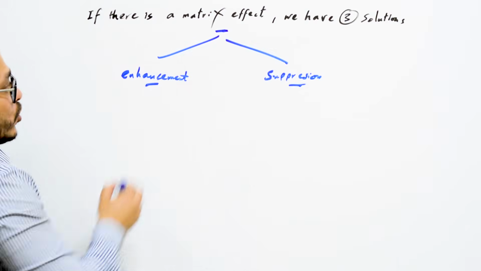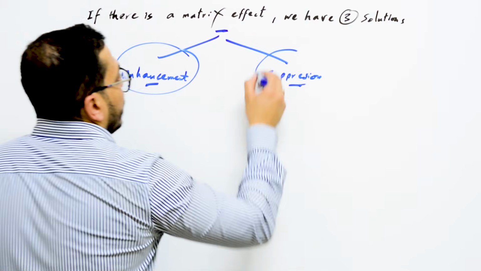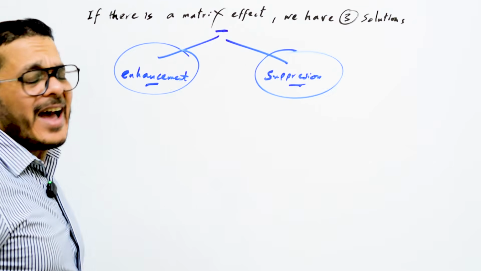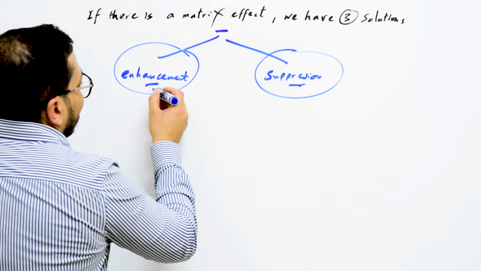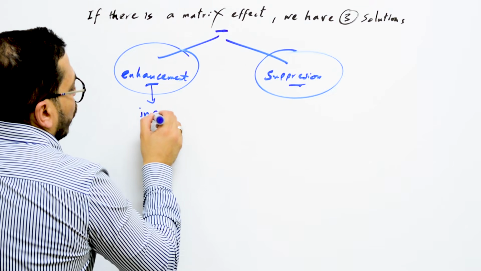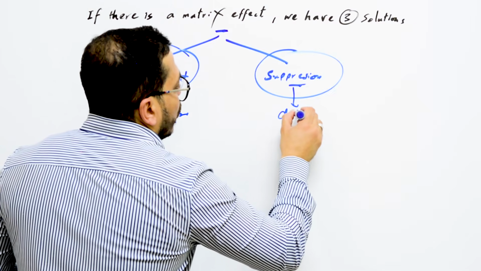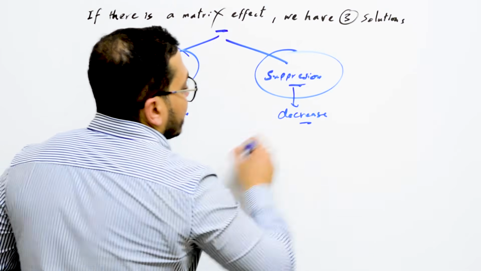These interferences, or compounds inside the sample, or the matrix itself, if it contains fats or colors or whatever, can increase or decrease the concentration of your target analyte.